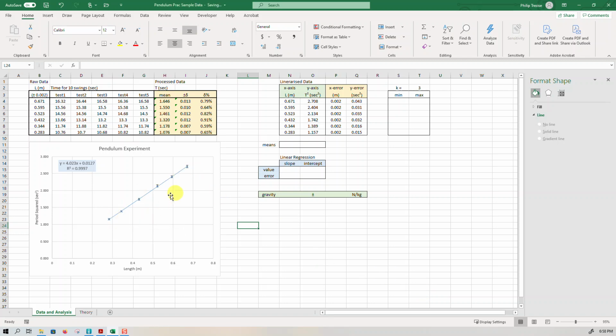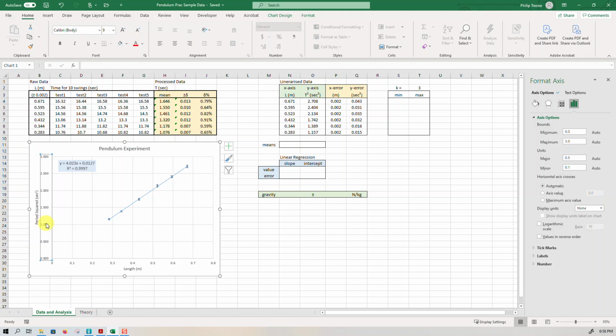I also note that I've got a fair bit of wasted space here on my chart. I don't really need to go less than 1 on the vertical scale because all of that space there is dead space. So I will format that axis to have a minimum value of 1.